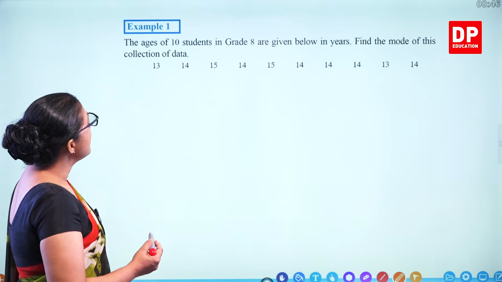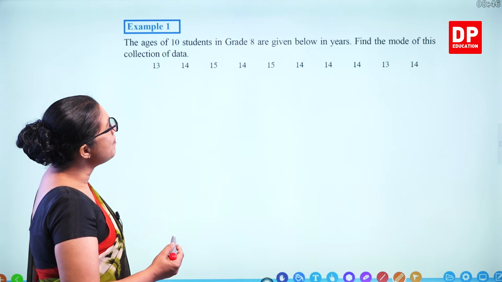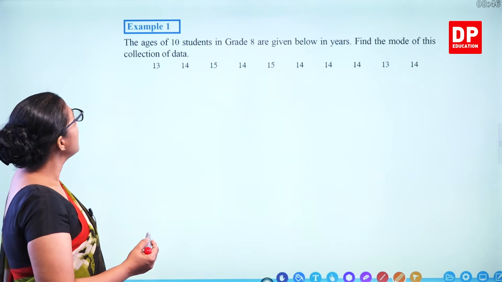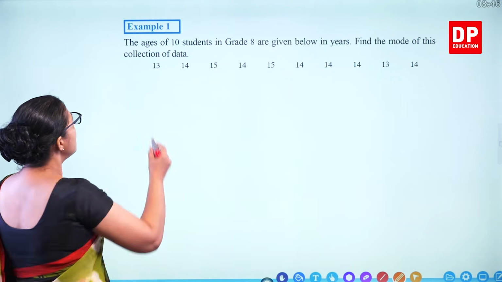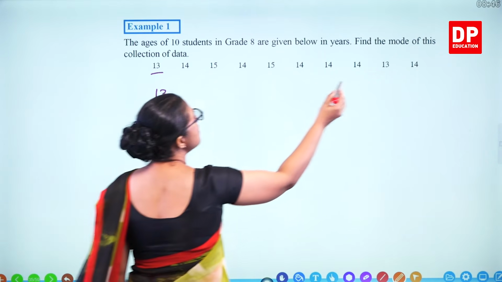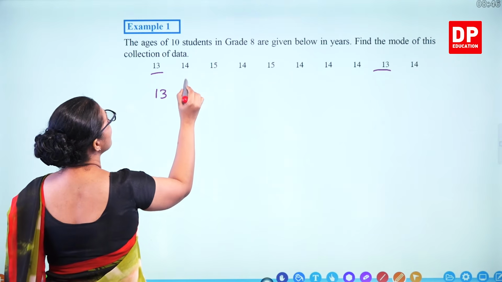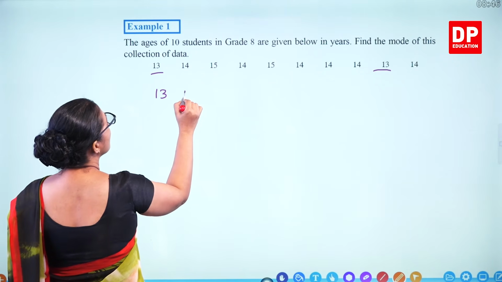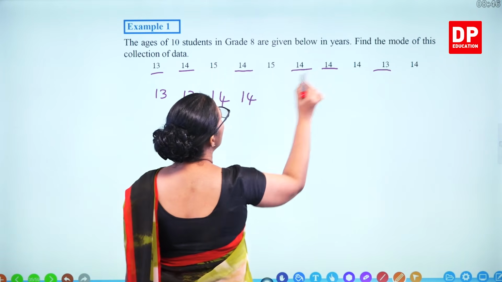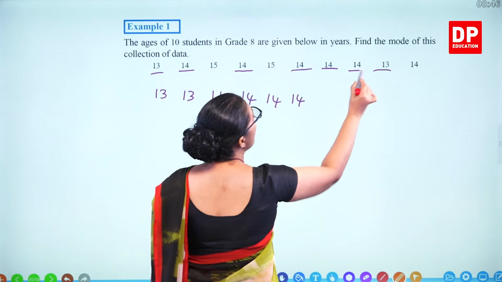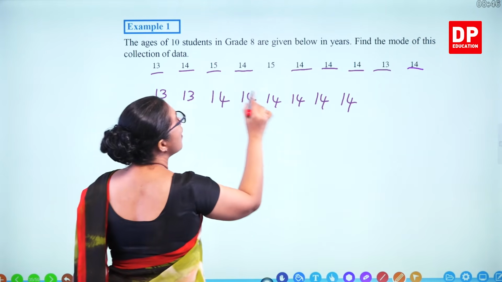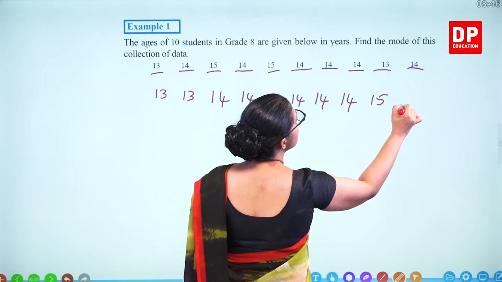Example 1. The ages of 10 students in grade 8 are given below in years. Find the mode of this collection of data. So we can first arrange this in ascending order, then you can have an idea about that. So 13 twice, 14, 1, 2, 3, 4, 5, 6, and then 15 twice.